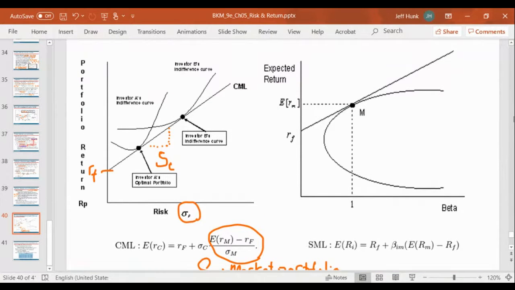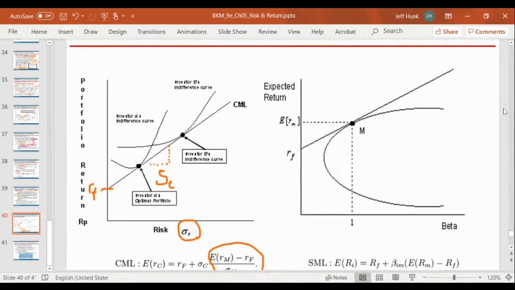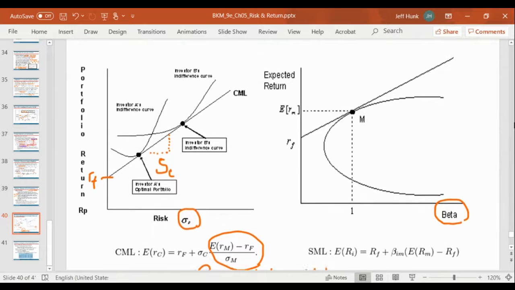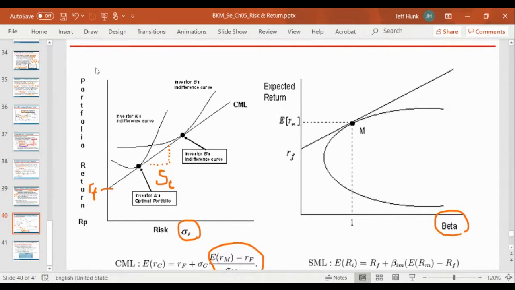In finance, you run into a lot of these lines, which are very similar in concept. Later you will also encounter the security market line. It also looks pretty much the same because the vertical intercept is the risk-free rate. It's a straight line, but look at the axes.